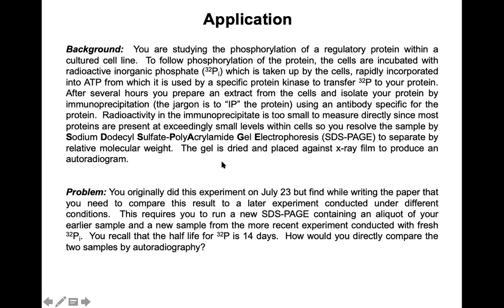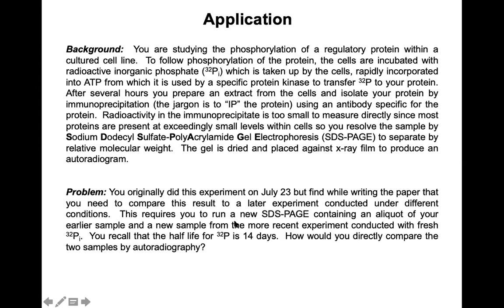So this is obviously why we are discussing this, because they also follow thermodynamics, first order reaction. And you originally did this experiment on, for example, July 23, but find while writing a paper that you need to compare this result to a later experiment conducted under different conditions.